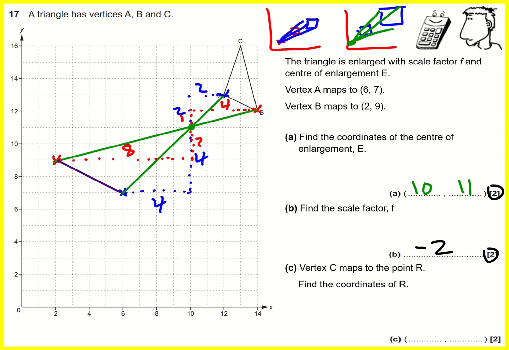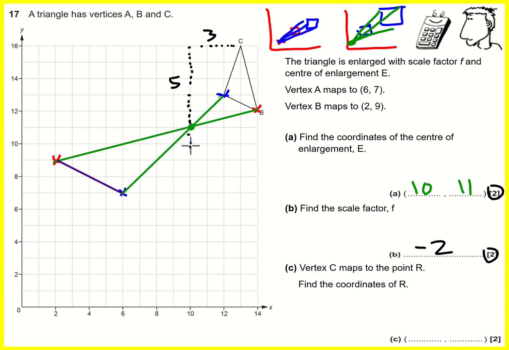Which leads me to my final point. I'm going to get rid of these numbers now because it makes it look a bit confusing, but I'm going to do the same process for point C. Okay, here goes. For point C, I'm going to go along to the left 3, and then down 5. So what do I then do? I need to double it.